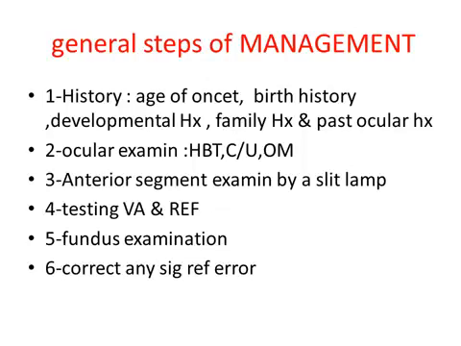Number 3, anterior segment examination by the slit lamp, because as we said, sometimes corneal opacity or cataract are the causes of squint. Number 4, testing visual acuity and any associated refractive error is crucial, because certain types of squint, as we explained, like accommodative esotropia, are treated simply by correcting the hypermetropia. Also, in alternating divergent squint, sometimes you just give him over-minus glasses and the problem is solved.